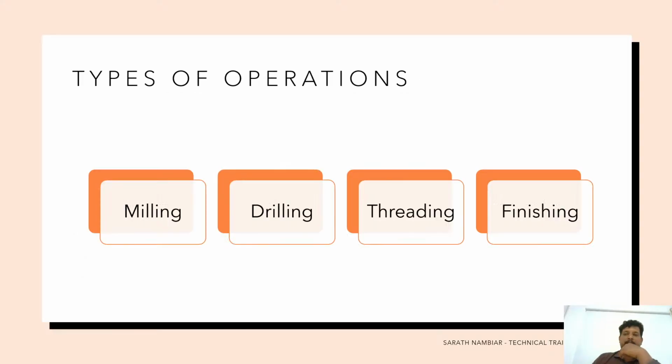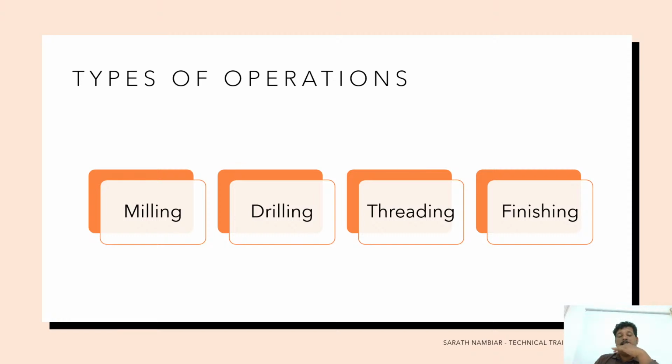Now, one important thing: why do we need different tools? Why not use one tool for everything? Because in machining, we do different types of operations. For example, if I want to make a flat surface, that is one type of work. If I want to make a hole, that is completely different. If I want to make threads, that is again different. If I want high accuracy, that is another process. So depending on the operations, we select different tools.